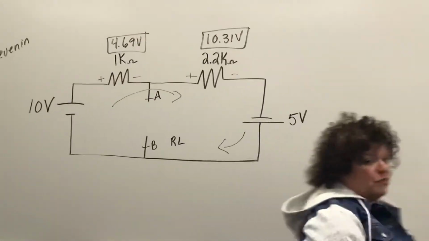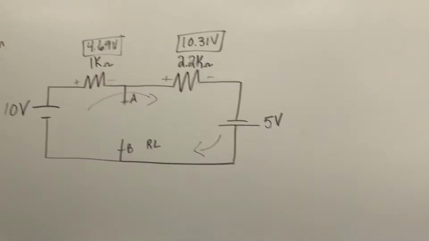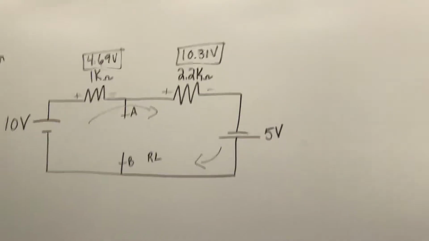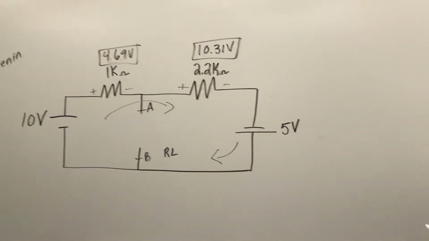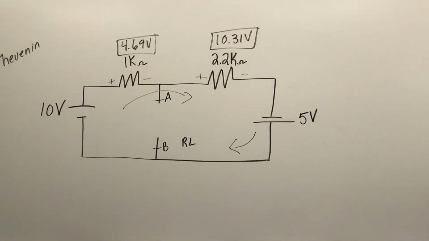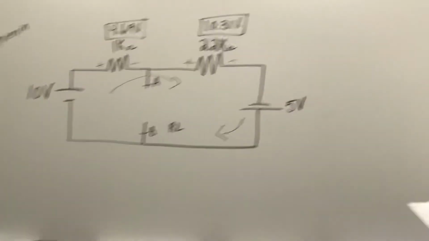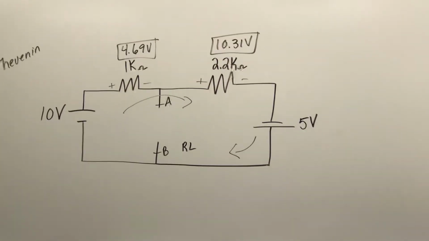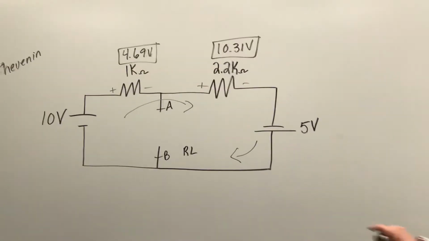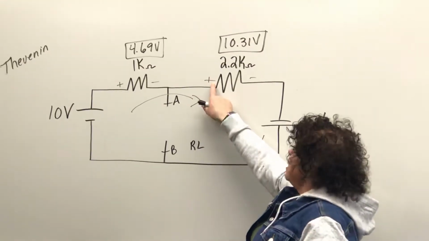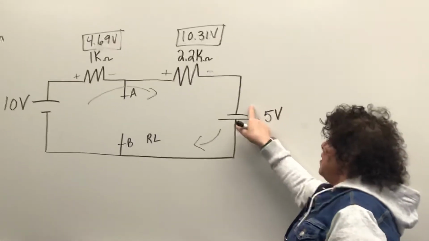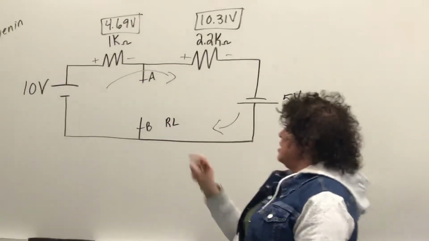So now we can do voltage A to B. If we start at A and go up to the right, it's plus 10.31 volts minus 5 volts, which is going to give you 5.31 volts. That's going this way. Plus 10.31 minus 5, back to B, is 5.31 volts.